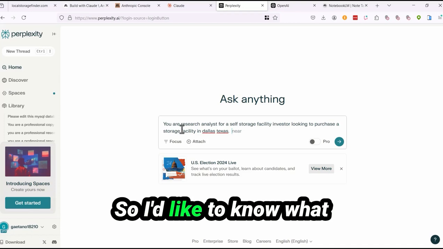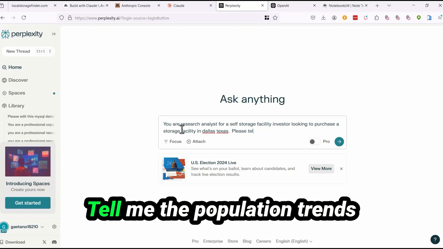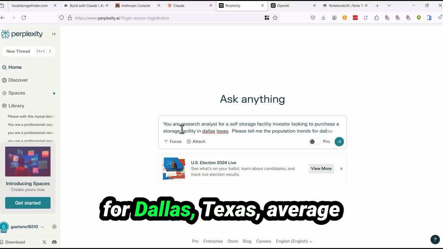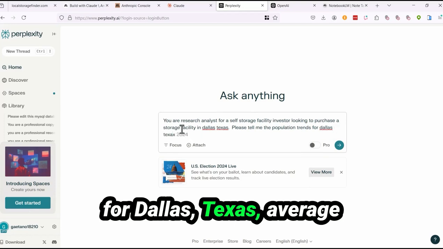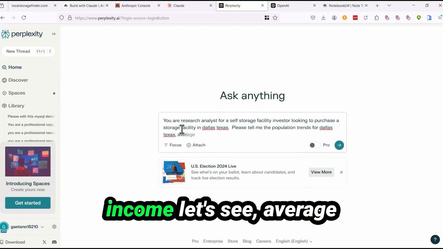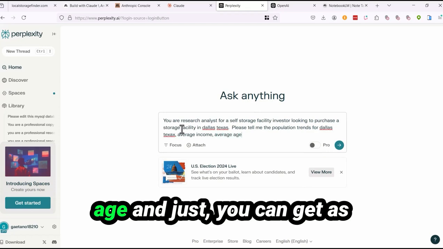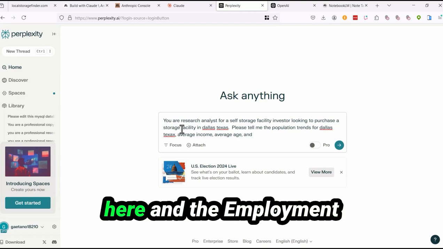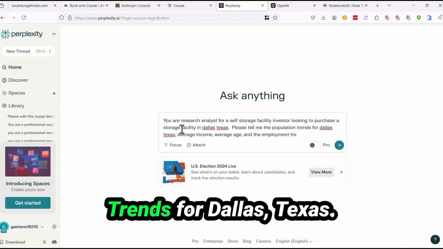So I'd like to know, please tell me the population trends for Dallas, Texas, average income, average age, and you can get as detailed as you want, and the trends.